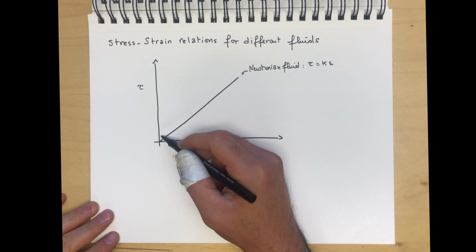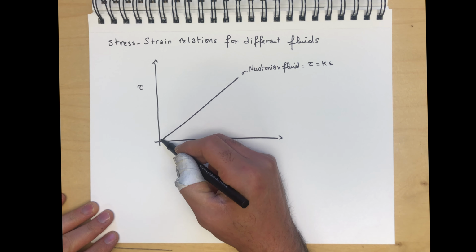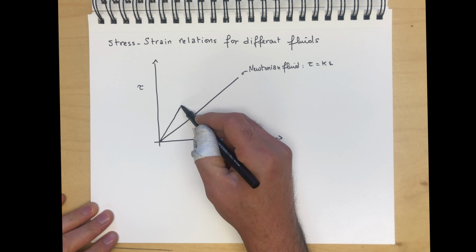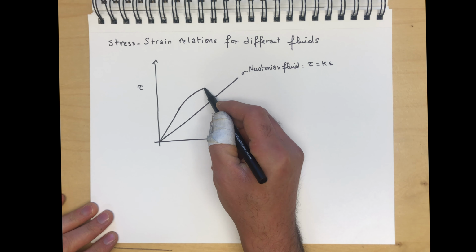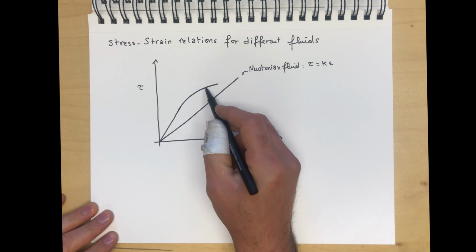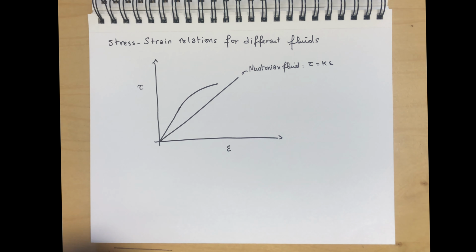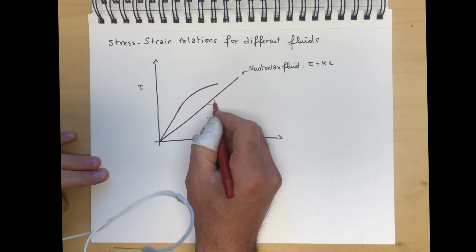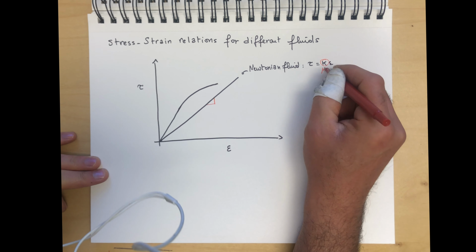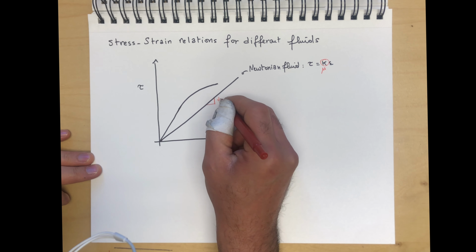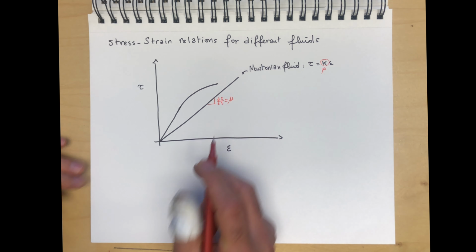Some of the more popular ones are fluids where they behave linearly initially, but then as you increase the stress, the local proportionality constant, or the local slope, starts decreasing. Now remember, the local slope over here, this K, we know for basic fluids that d tau by d epsilon is the viscosity.